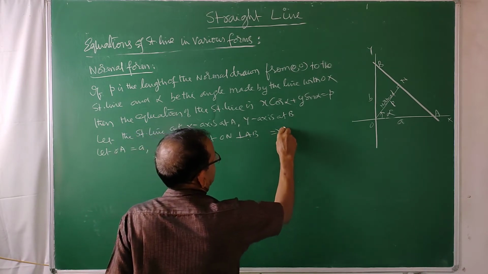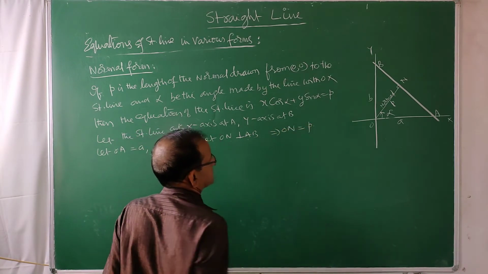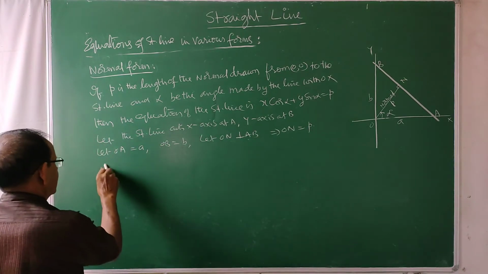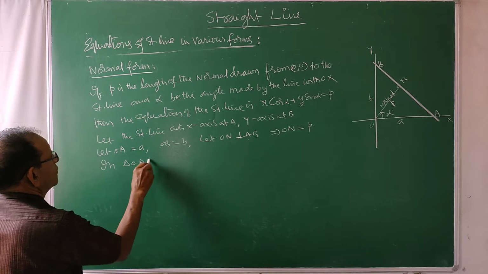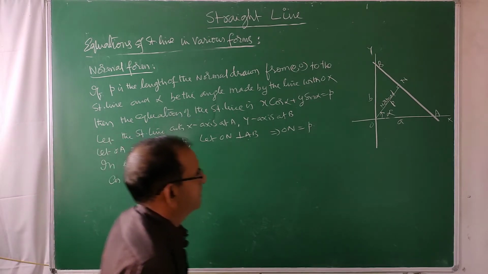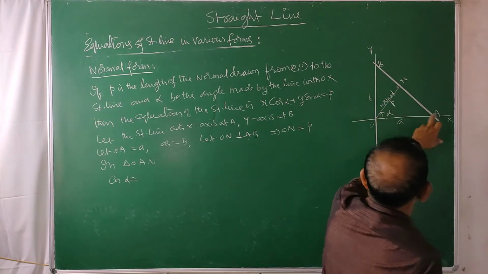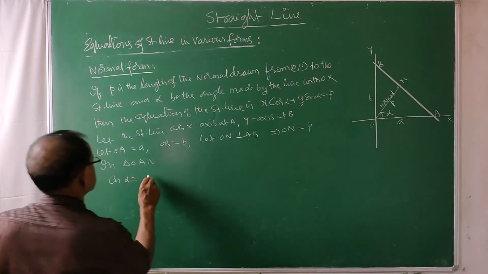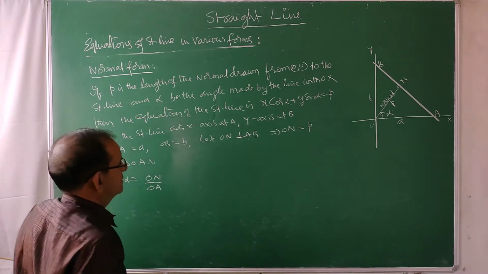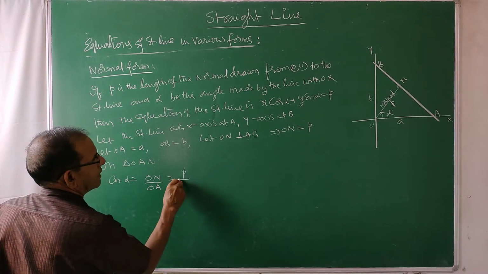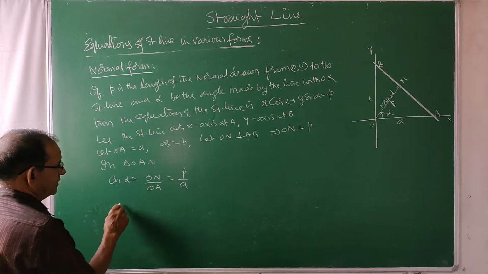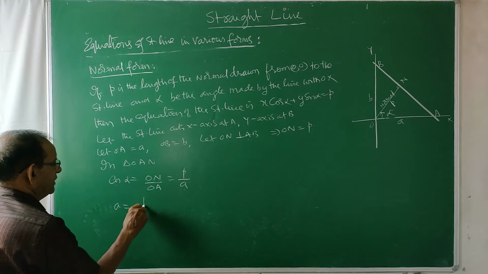That implies ON is equal to small p. What is cos alpha in triangle OAN? Cos alpha is equal to adjacent by hypotenuse, ON by OA, but OA is small a, so this is p by a. So interchange these two: a is equal to p by cos alpha.